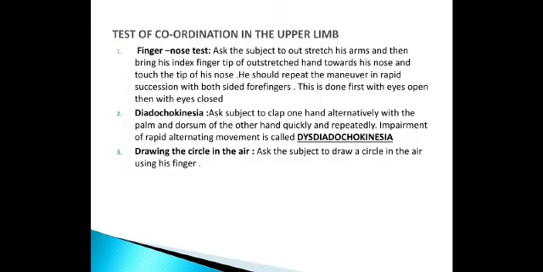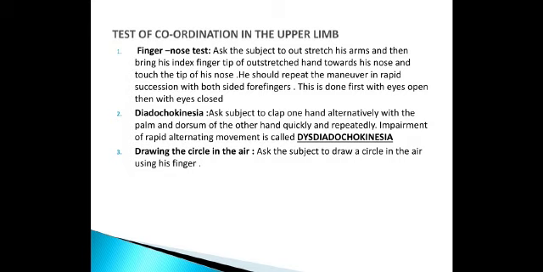Ask the subject to outstretch his arms and then bring the tip of his index finger of the outstretched hand towards his nose and touch the tip of his nose.